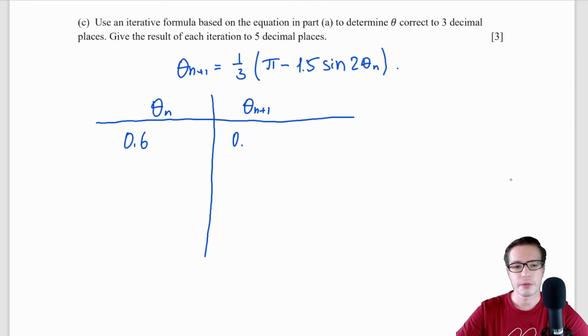I will get 0.58118 and repeat the process. Now 0.58118 becomes our new theta n, and the result will be 0.58833. And now repeat the process until you get the answer correct to 3 decimal places.